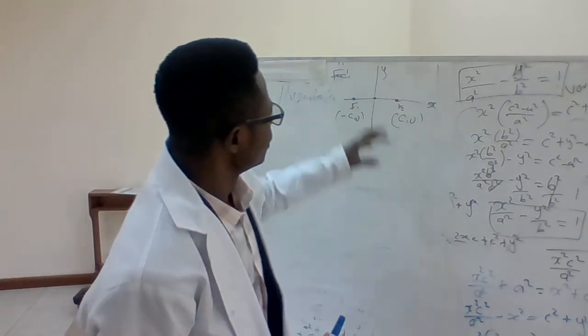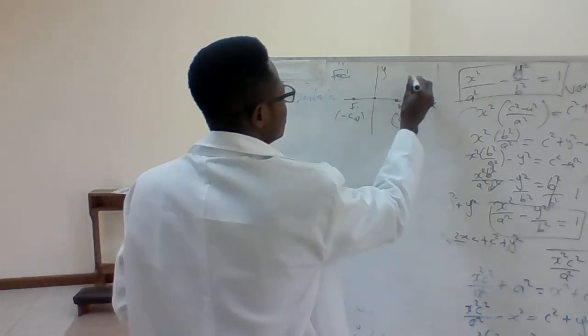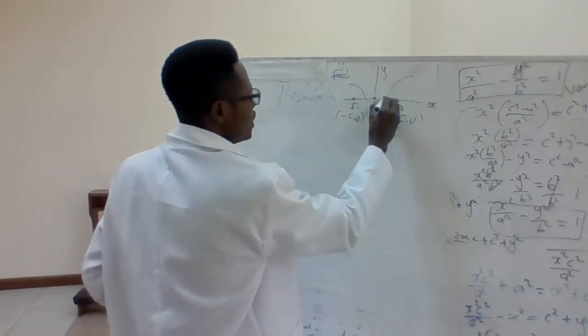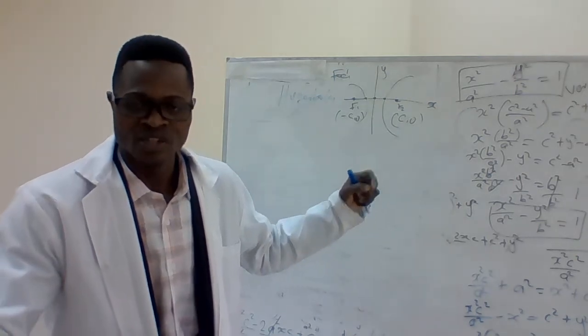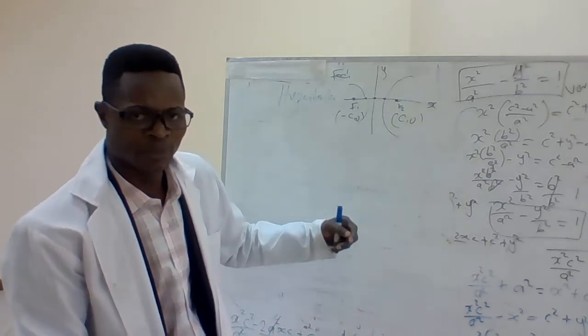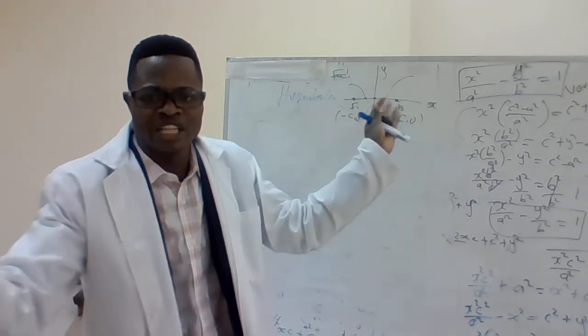Now, we have to sketch our hyperbola. It will look this way. Now, this point here is the vertex or the vertices. We are going to also have the co-vertices because it depends on where your hyperbola is opening.